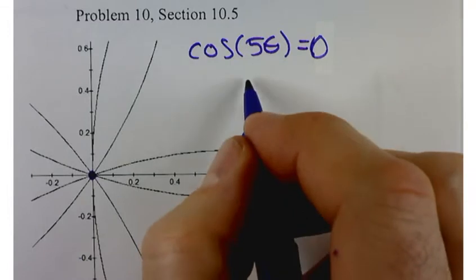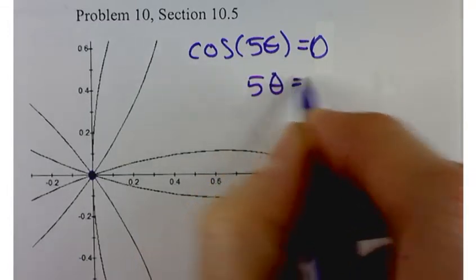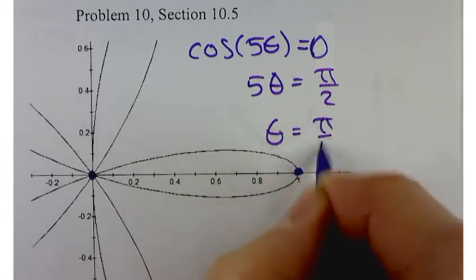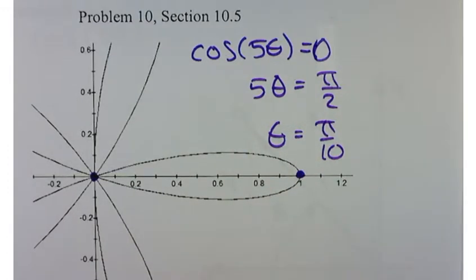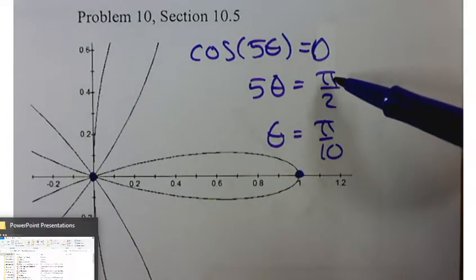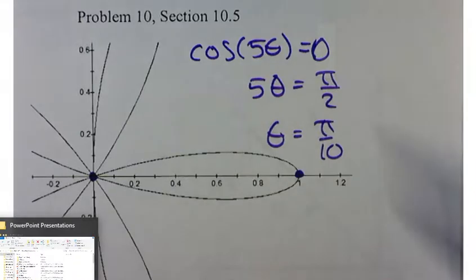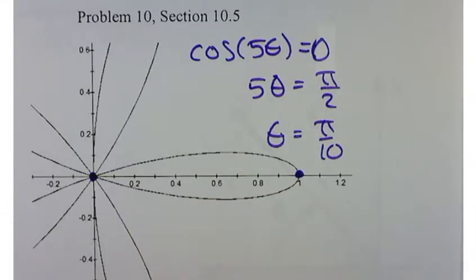Pi over 2. So basically, 5 theta equals pi over 2, or theta equals pi over 10. And in general, it's going to be pi over 2n, much like it was for our sine, although sine was giving us a different point.